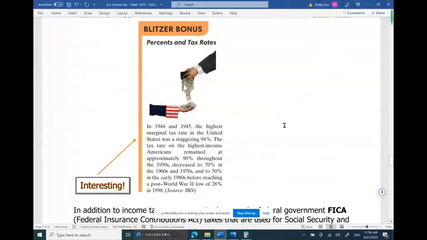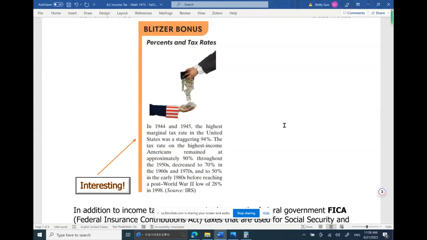Actually, we'd like to read this interesting fact. Percents and tax rates. In 1944 and 1945, the highest marginal tax rate in the United States was a staggering 94%.